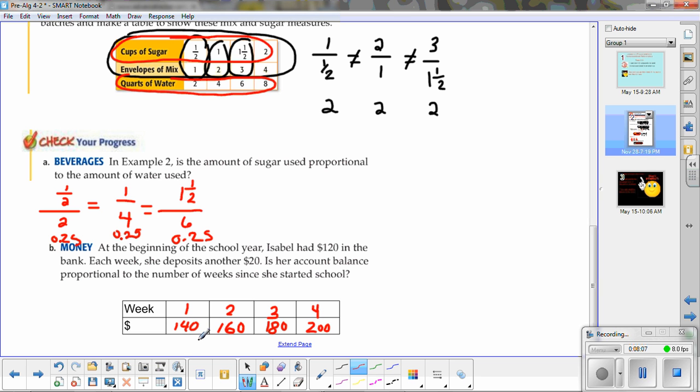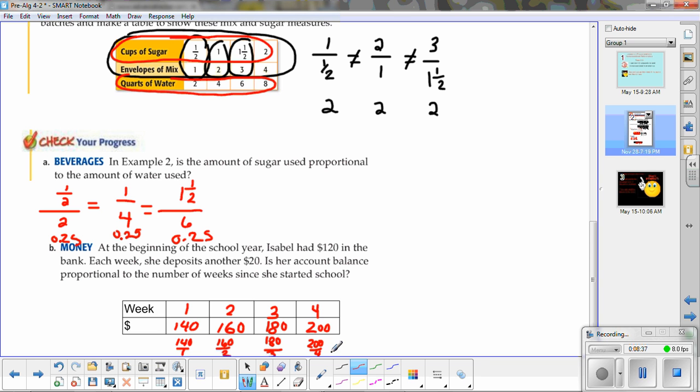So now if I were to write the ratios, this would be $140 for 1 week, 160 for 2 weeks, 180 for 3 weeks, and 200 for 4 weeks.